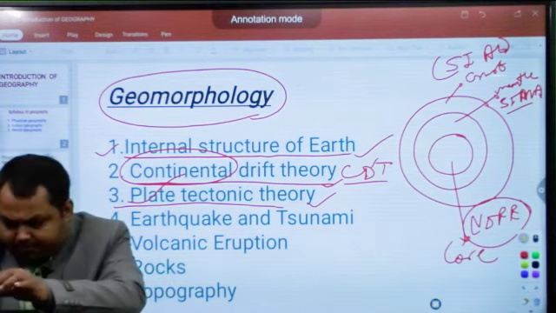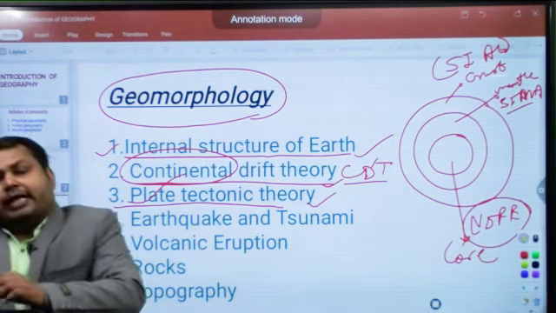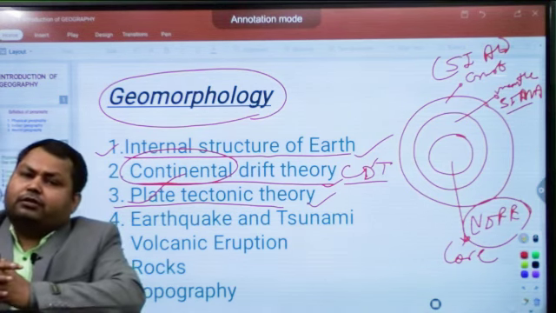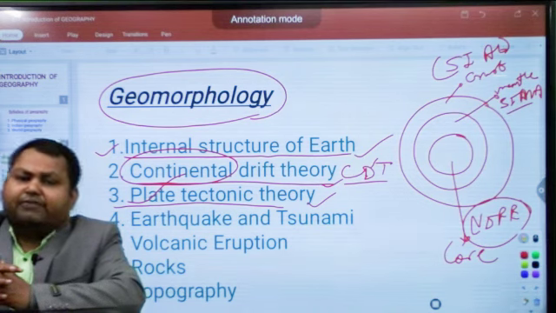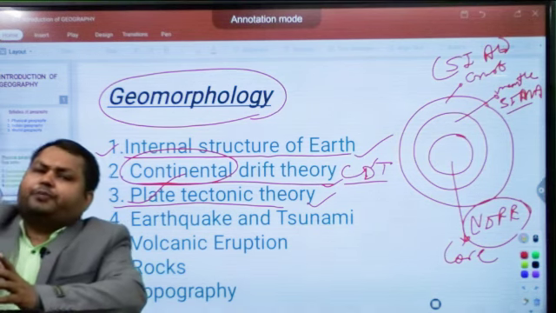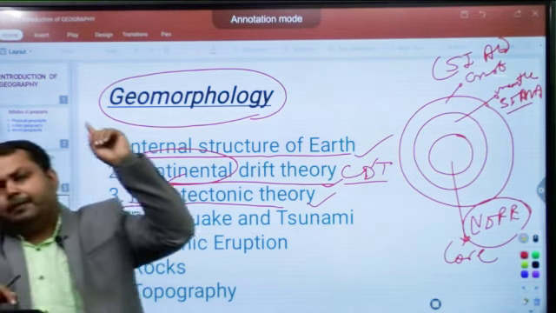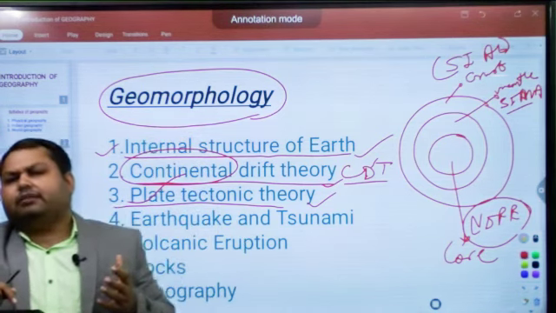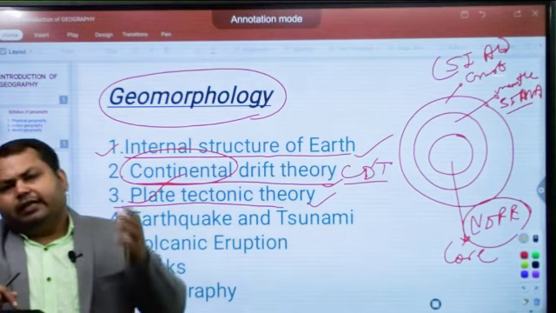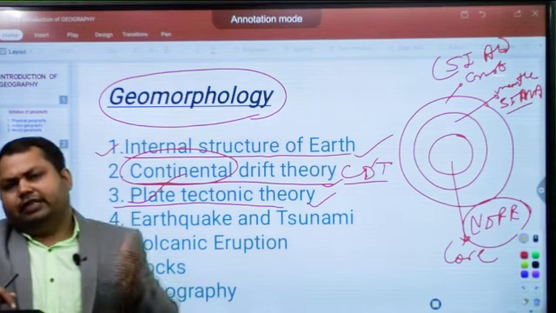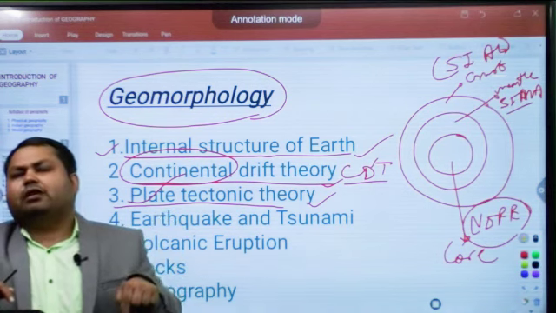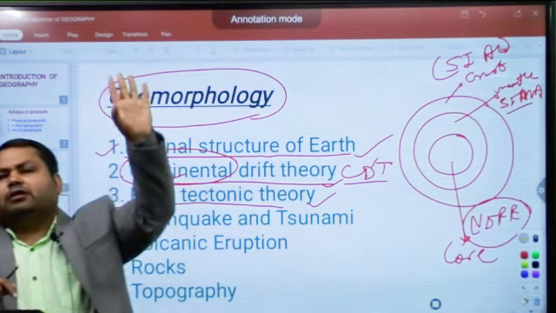Plate tectonic theory is the advanced version of CDT. Why? Because in the continental drift theory, Alfred Wegener assumed the driving force of continents as the gravitational pull of the sun and moon, but these scholars of plate tectonics suggested that there is an internal force, generated inside the earth under the influence of convection of magma.